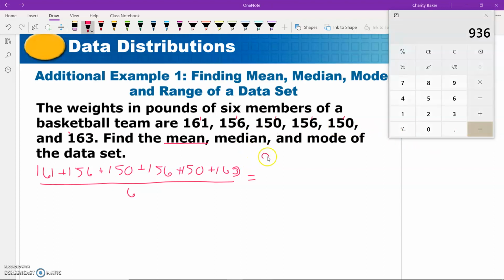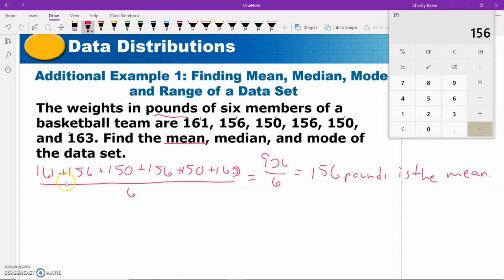So that's my total, 936. I'm going to divide that by 6, and I get 156. These are weights in pounds, so 156 pounds is the mean.